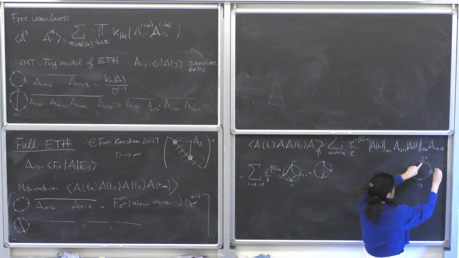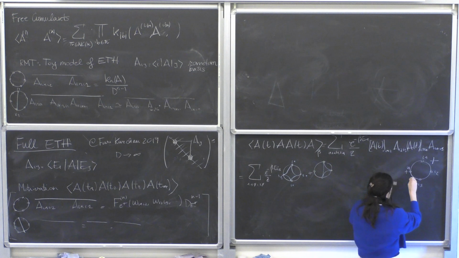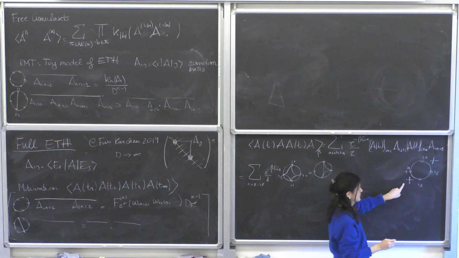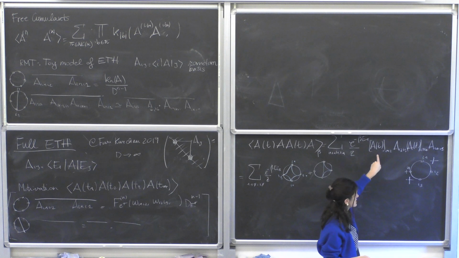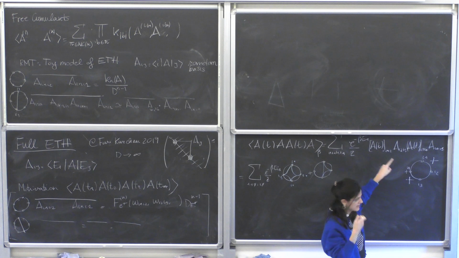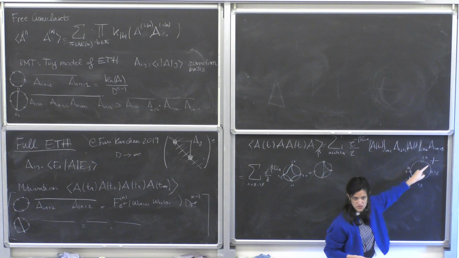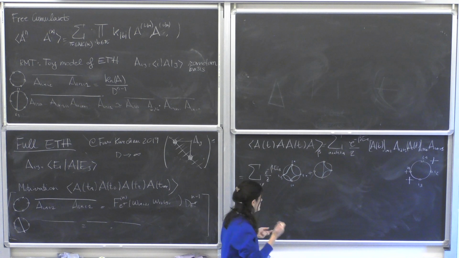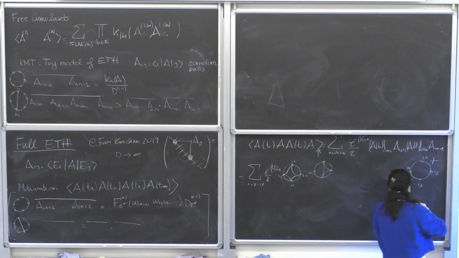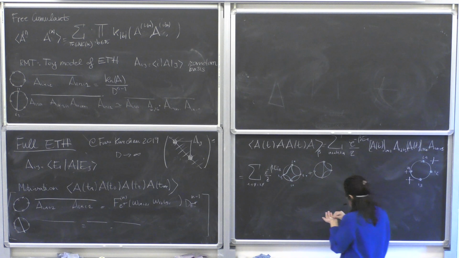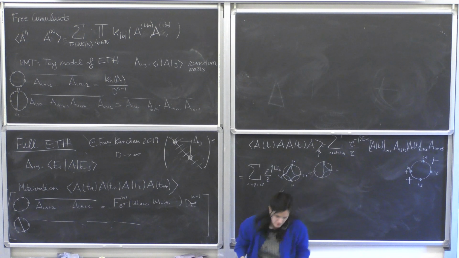So here I have time t, and here I have time t. I didn't write it explicitly here. It's diagonal in energy, the time dependency, but I can represent it on the edge. So in this case, the indices are all different. Then I have all the contributions that we wrote down before.